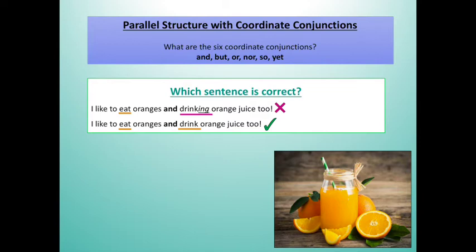Look at the structures that are being combined. In the first sentence, they are not parallel. Eat versus drinking. In the second sentence, both of the structures are the same, eat and drink. So they are parallel, we have parallel structure, and the sentence is correct.